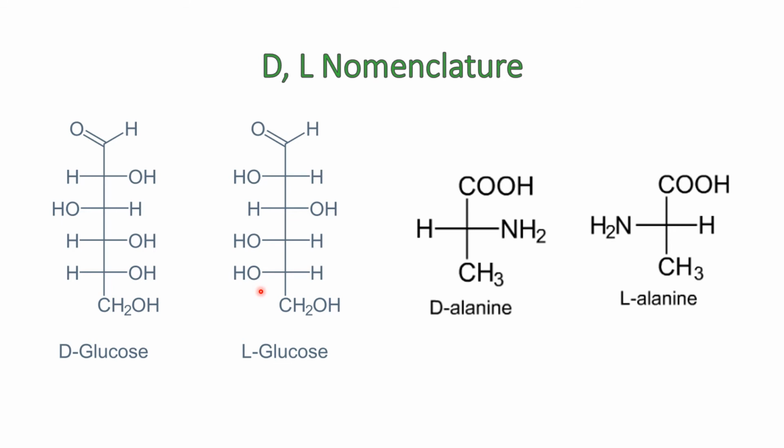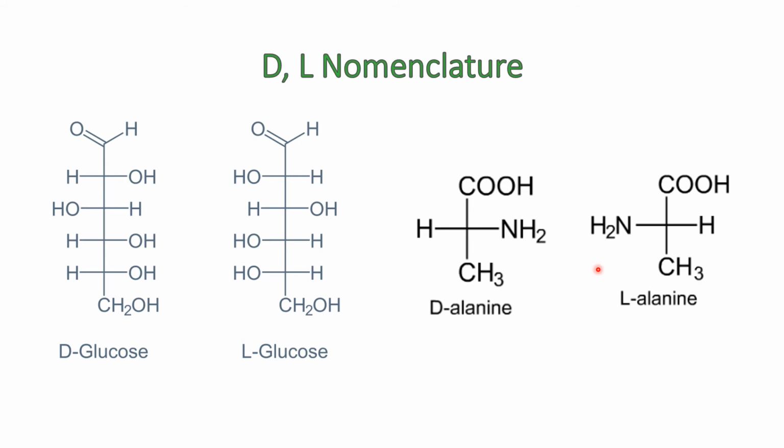L. In case of amino acids, we need to look at the position of the amino group. In a few amino acids, there will be a longer chain of carbons below this also. So generally only the amino group is considered, and if the amino group is located on the right hand side, it is a D-alanine in this case.